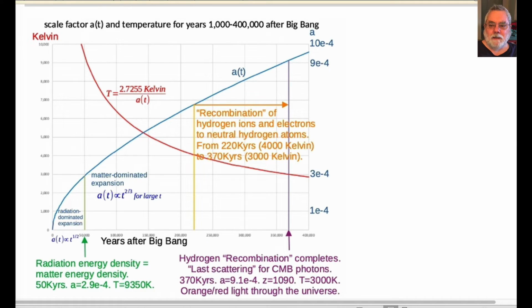If you take the ionization energy for hydrogen and turn that energy into a temperature, you might think the hydrogen would have recombined at a higher temperature and an earlier time. However, there are about 1.6 billion photons per hydrogen ion, so photons with higher than average energy keep the hydrogen ionized until this epoch.